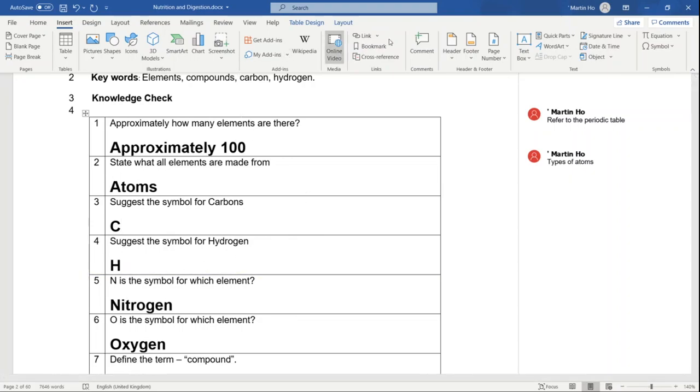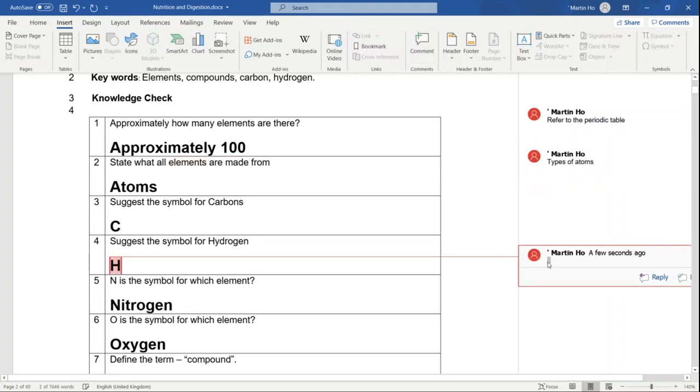Both of these we will actually find on the periodic table. As we recall, when it comes to symbols, the first letter of each symbol on the periodic table will always be capitalized. So symbols on the periodic table, I'm going to put a little asterisk.